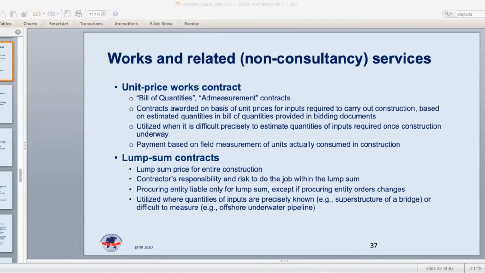Can you see it? We can see it. Do you see me turning the slides? I can see a slide called Works and Related Non-Consultancy Services. Your camera is off though, so we can't see your face.